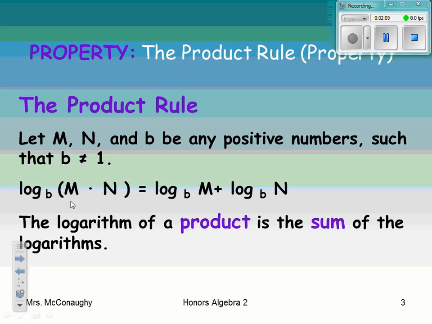If we want to expand that, then we're going to write it as log base b of m plus log base b of n. We're just expanding it. We're splitting that one logarithm into two logarithms. Now, we did not change the base. The base stayed the same. All we did was split up this product and put a plus sign in between.